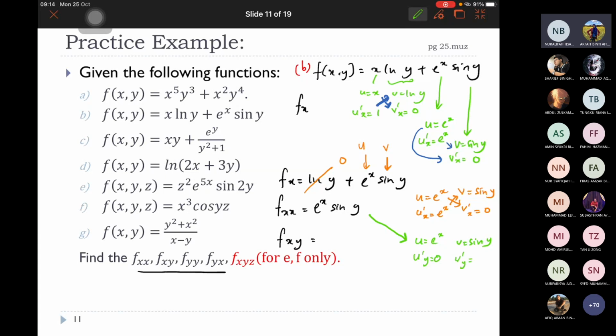Bezakan sin akan dapat cos y. So darab silang akan dapat dia akan sama dengan exponential x cos y. Okay. That one if you find the derivative with respect to fxy.